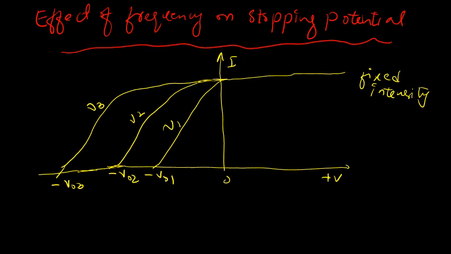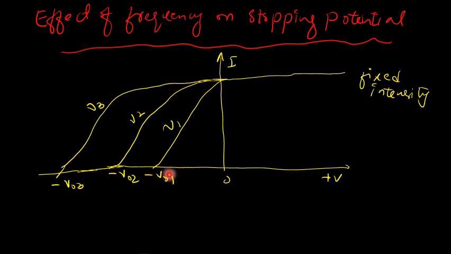When a surface is illuminated with light of frequency mu1, that is, when we illuminate the target plate with light of frequency mu1 at fixed intensity, the magnitude of the retarding potential is increased till the photocurrent becomes 0 at minus V1, that is the stopping potential.